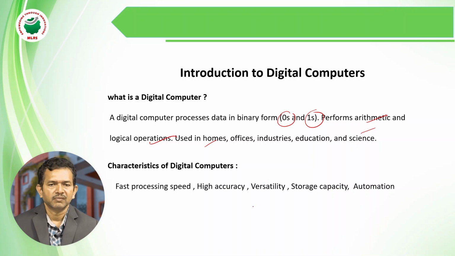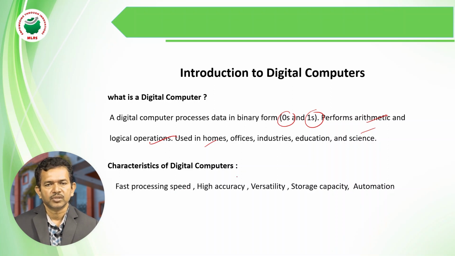Next, we'll see the features of a digital computer. Initially, we saw how the digital computer works and how it processes. Now we see the features or characteristics of a digital computer.